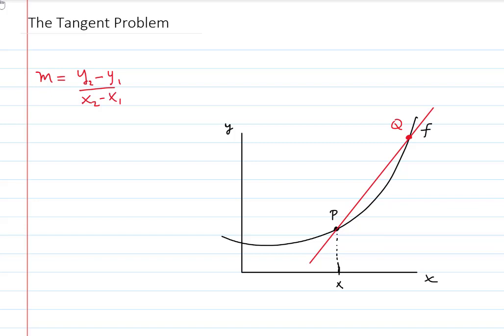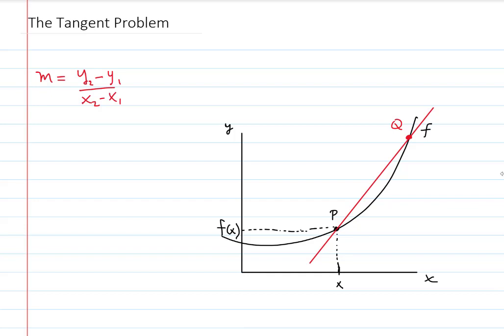And the coordinate y for point P, since we labeled this function f of x, and that input is x, the output would be f of x, the function evaluated at x.